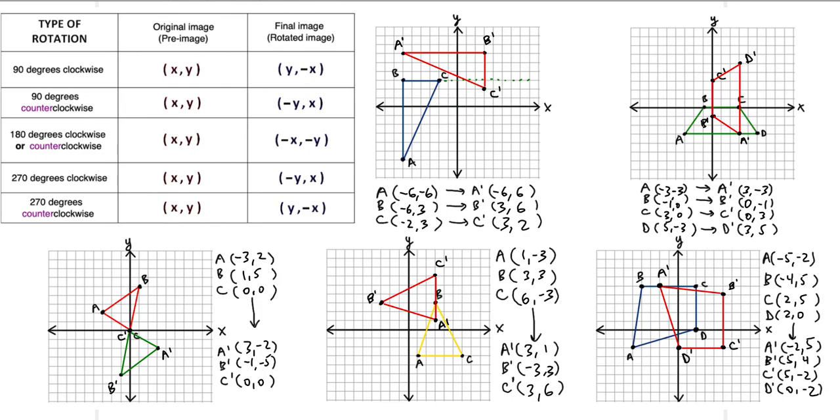Now check this out. Let's confirm that it is definitely a simple 90 degrees clockwise rotation, the same thing as 270 counterclockwise. Clockwise means that A prime should theoretically not be in quadrant 3 anymore, but in quadrant 2. Indeed it is, right?